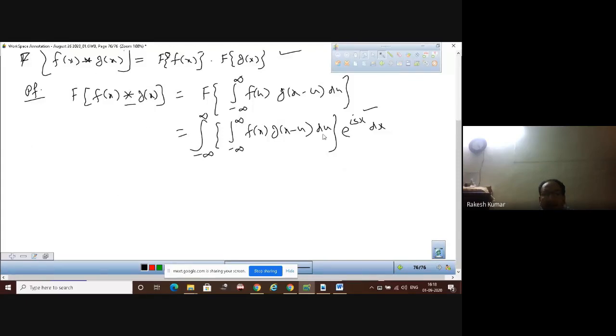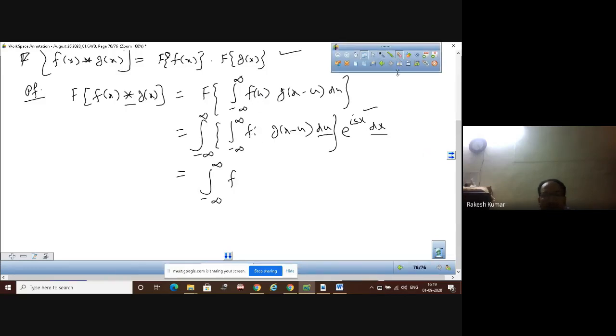Now, here there is integration with respect to u, and integration with respect to x. It means first integration with respect to u, then integration with respect to x. But we shall change the order of integration. So by changing the order of integration, it can be written as the integral from minus infinity to infinity, and here the definition is f of u, not x.